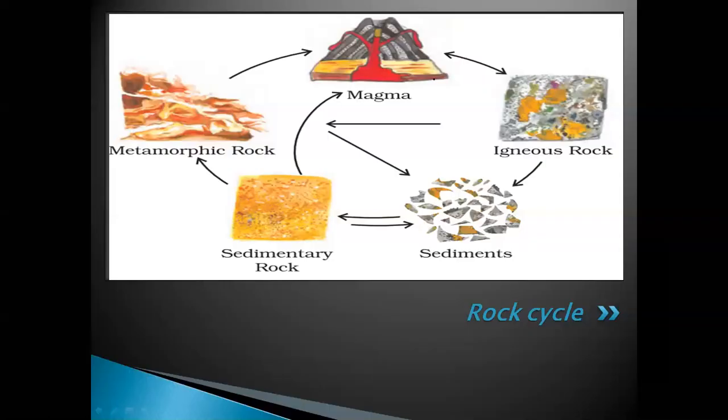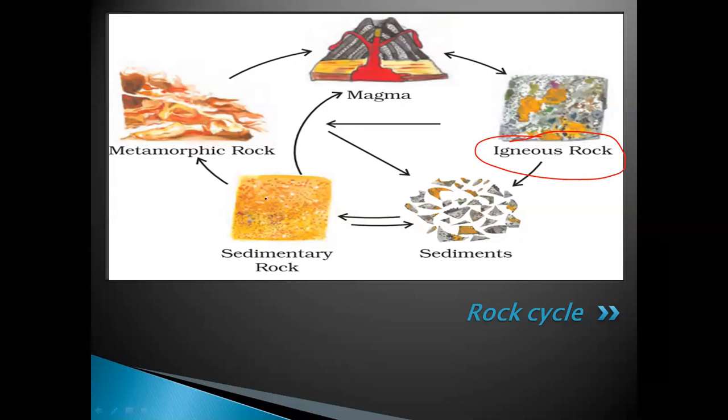This magma, when it solidifies, becomes igneous rock. Some of its parts melt under great heat and pressure. Then it also becomes sediments as it rolls down, cracks and so on. These sediments get a layer and become sedimentary rock.